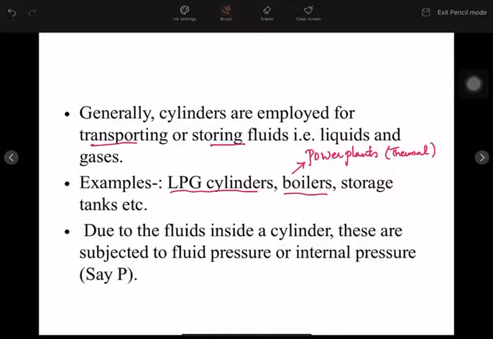These are generally considered thin cylinders, as the thickness of the wall will be less than 20 times of D. Another example is storage tanks, which can store oil or water or anything else. These are the common examples we see in our daily life as thin cylinders.